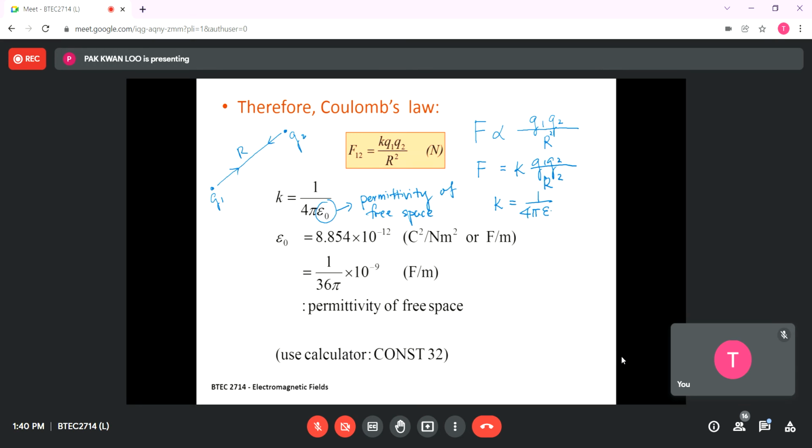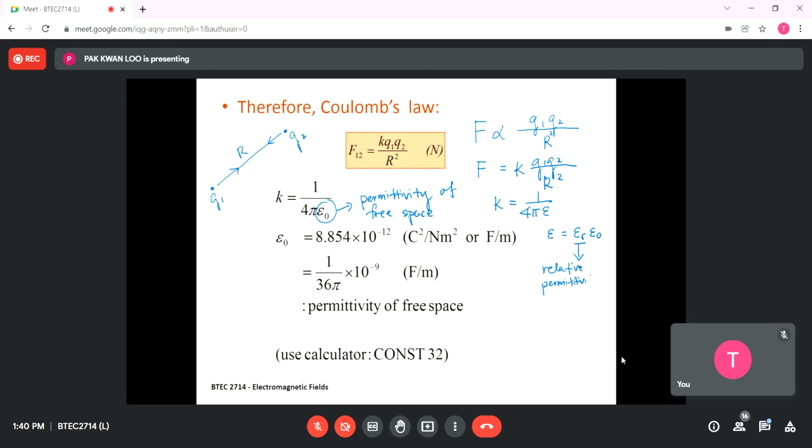We will discuss this further. In general, epsilon is actually epsilon r epsilon naught, where epsilon r is referred to as the relative permittivity.